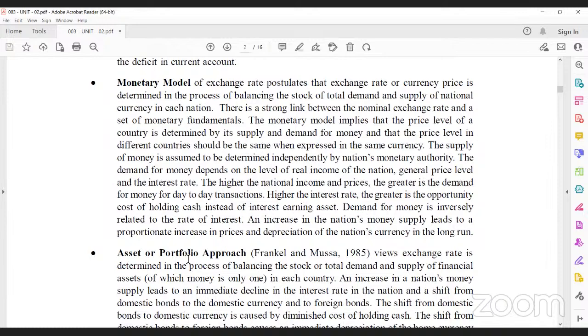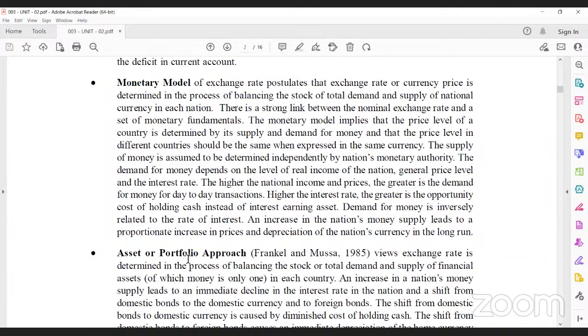The greater the demand for money for day-to-day transactions, the higher the interest rate. Even in the previous class, we have learned about demand and supply. Higher will be the interest rates and vice versa. This will lead to a greater opportunity cost of holding cash instead of interest-earning assets.